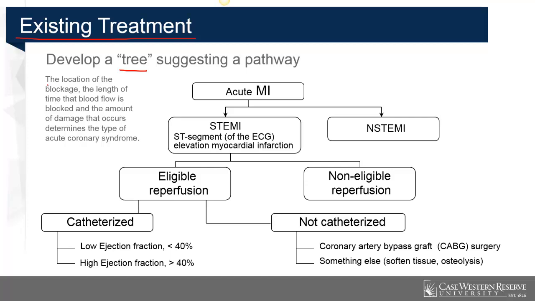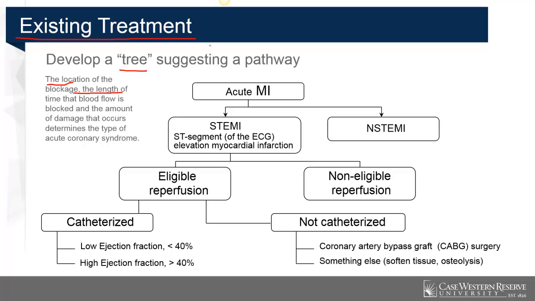Basically you say, okay, I know the location of the blockage, and I know the amount of time that the blood flows, and sometimes we have damage due to reperfusion, so we have to understand whether the patient can tolerate the treatment, because there might be some reperfusion damage, and so they're not eligible.